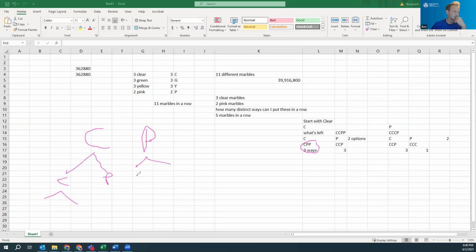And then this one is clear or pink, and then this one has 3 options, and then this one only has 1 option. So the ends of this tells me how many different combinations I have, which is 3, 3, 3, and 1. That's 10 different ways I could arrange 3 clear marbles and 2 pink marbles.